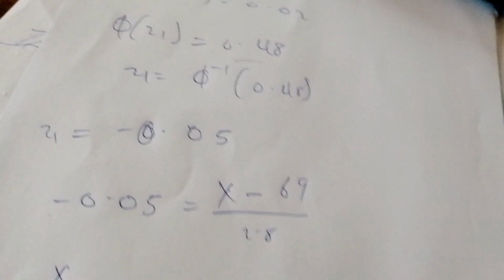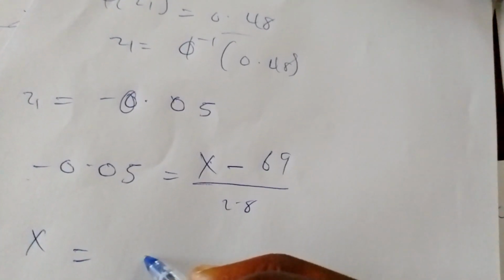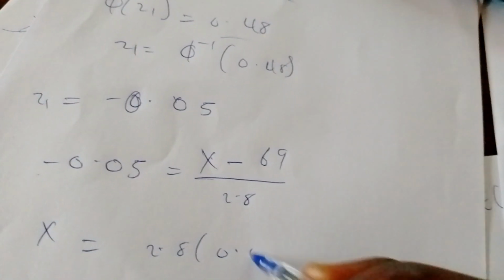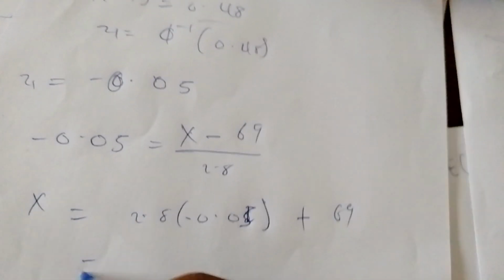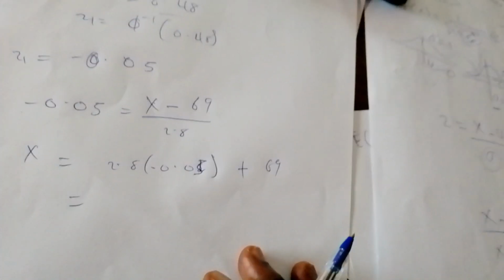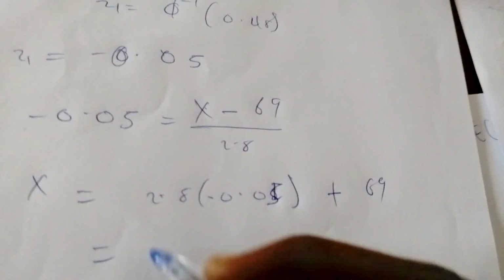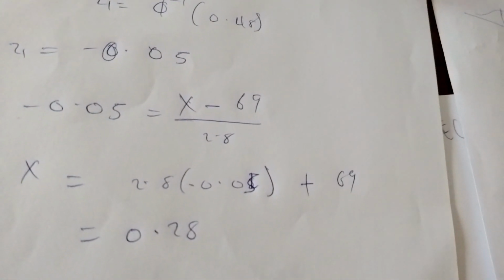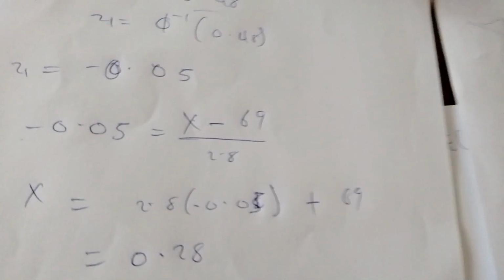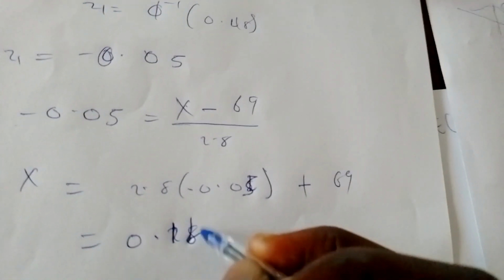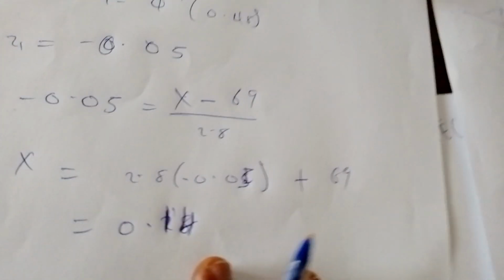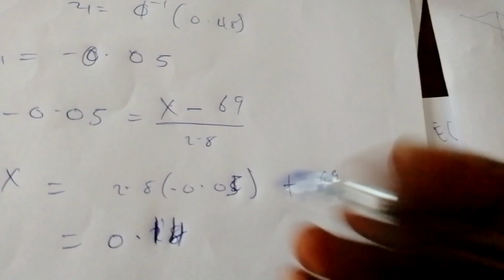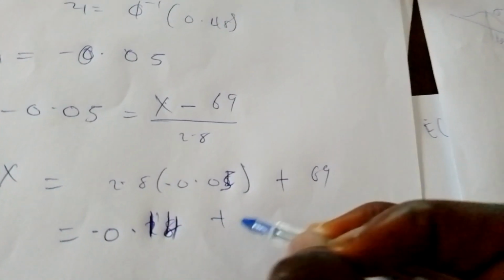Then we have to simplify this down: 2.8 times 0.05, plus 69. I don't have a calculator with me now, but I hope it's not so wrong. It's 0.14. You can cross check and see if it's wrong.